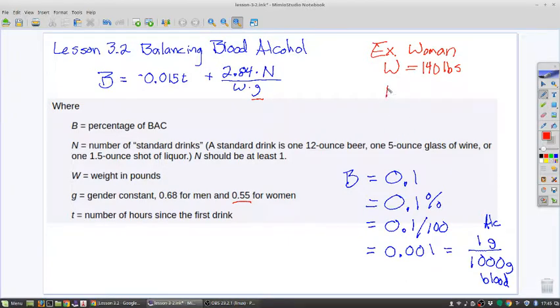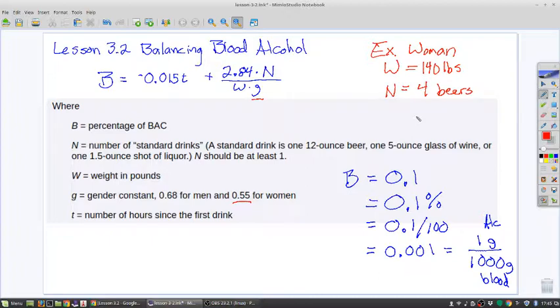And let's say that the number of drinks they had, how about 4 standard beers, like 4 Buds maybe. And what we want to do is take a look at how this woman's blood alcohol content is going to appear over time after she finished drinking those 4 beers.